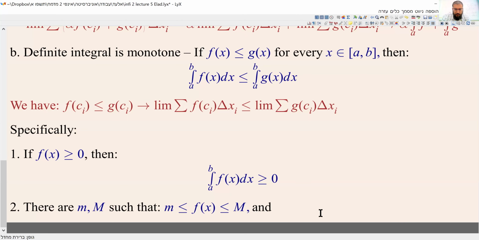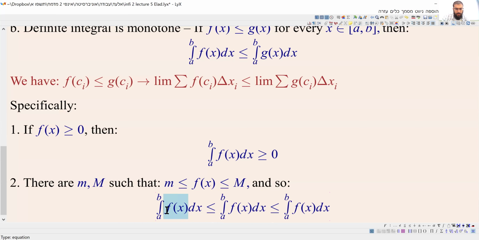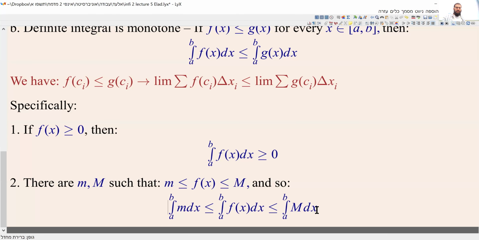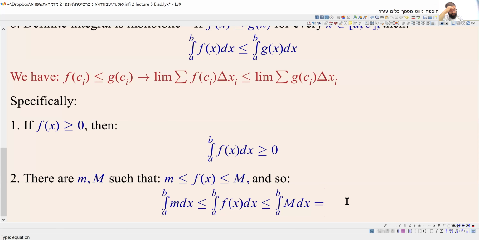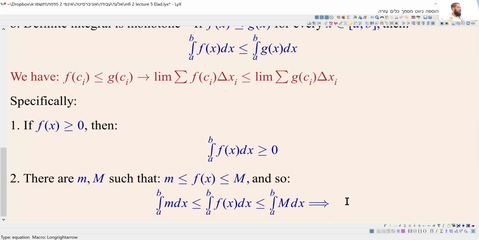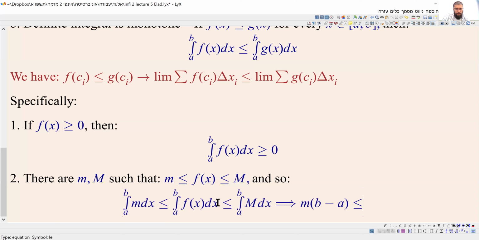And so the integral of f is bounded between the integral of little m and the integral of big M. And we know what they are, we calculated it on Sunday. The integral of a constant function is the constant multiplied by b minus a, the length of the segment. So we have m times (b minus a) and big M times (b minus a) bounding the integral.